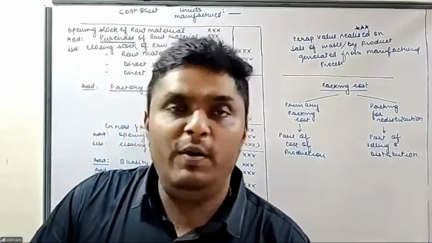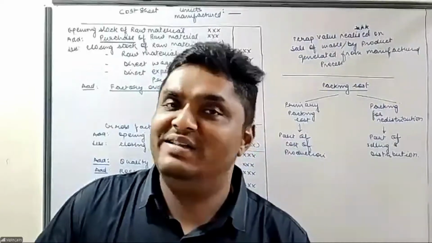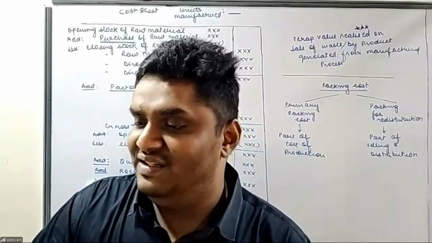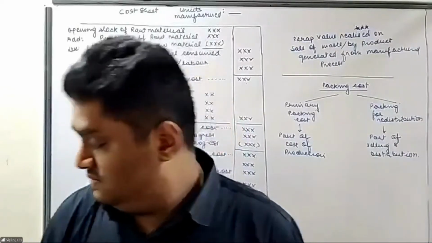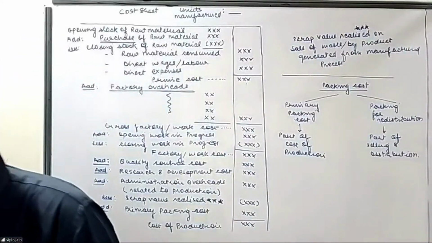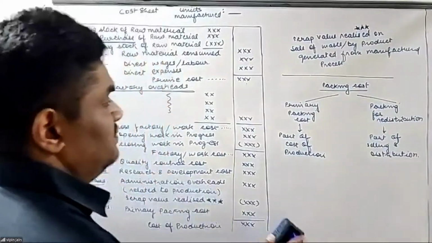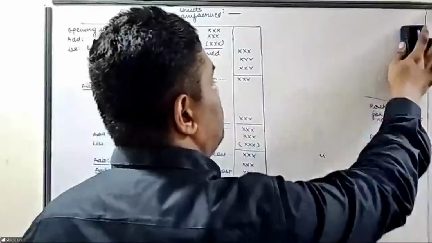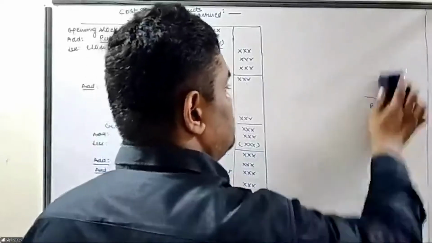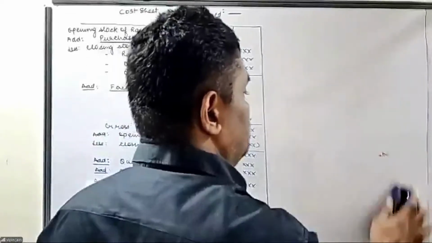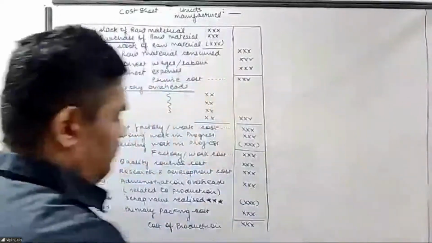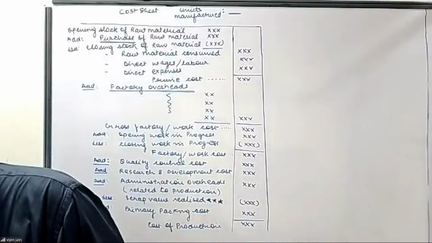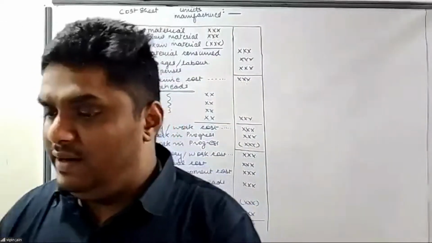In case of joint product, we will be discussing in joint and byproduct. There is a separate chapter for the same. Anyone else having any doubts?